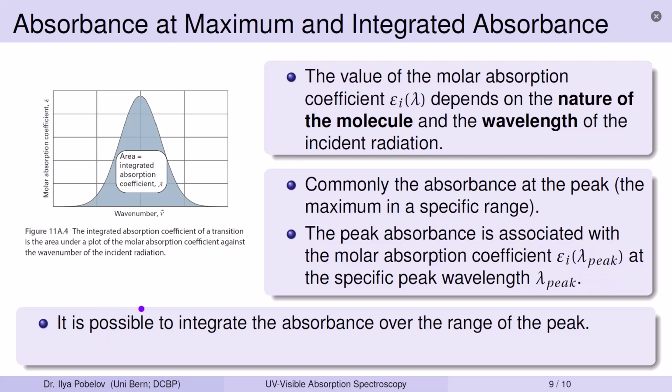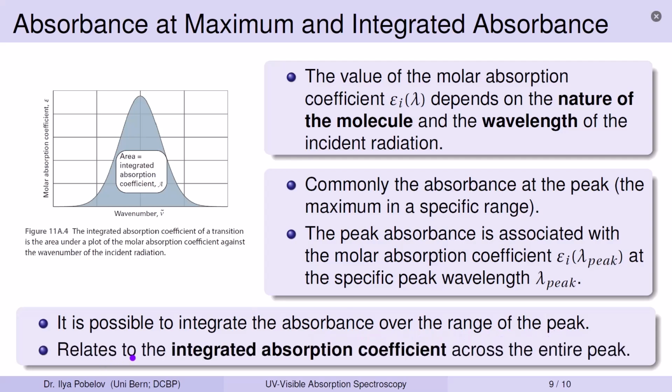However, to get a more comprehensive understanding of the absorption behavior, it is possible to integrate the entire peak. This integral value represents the total absorbance over a range of wavelengths and provides a measure of the overall strength of the transition. The integrated absorbance relates to the integrated absorption coefficient across the entire peak.